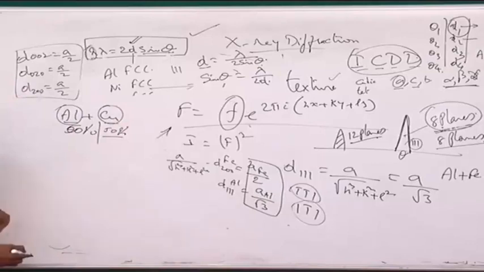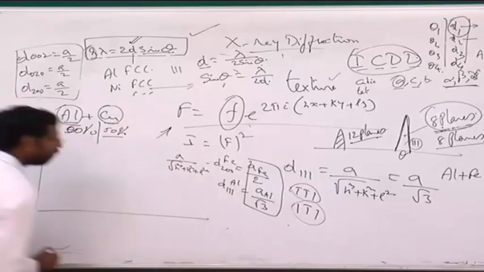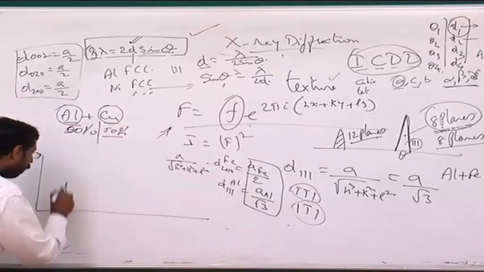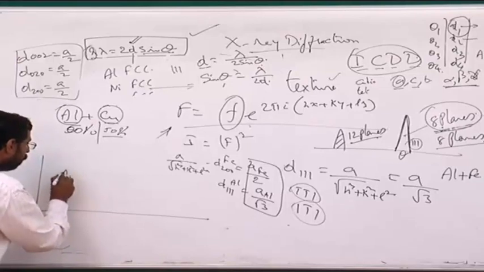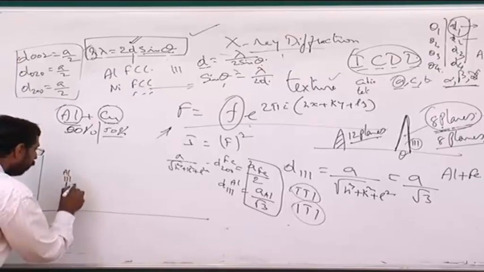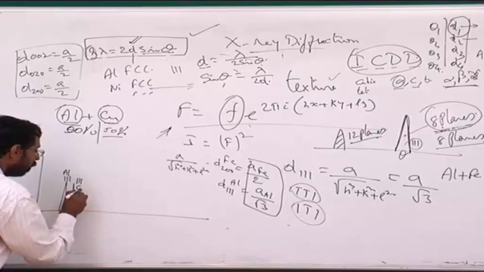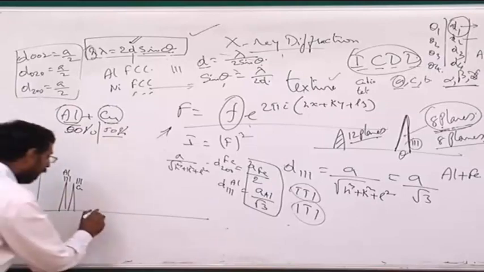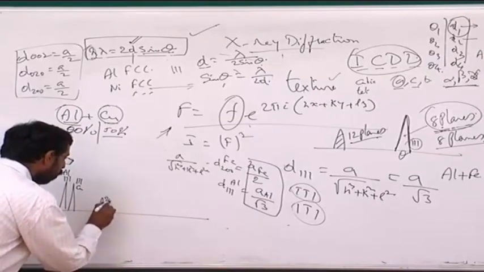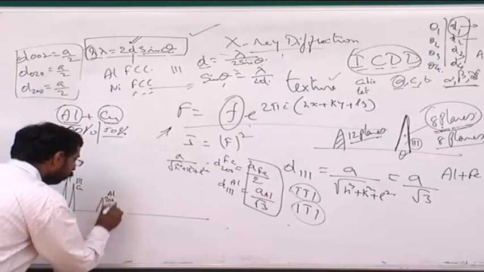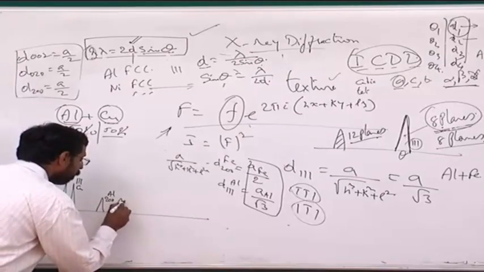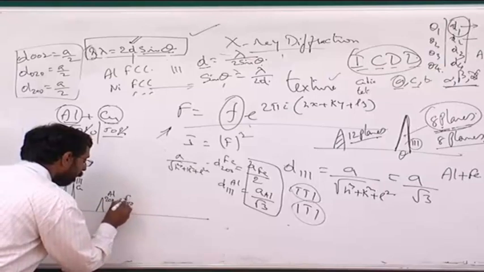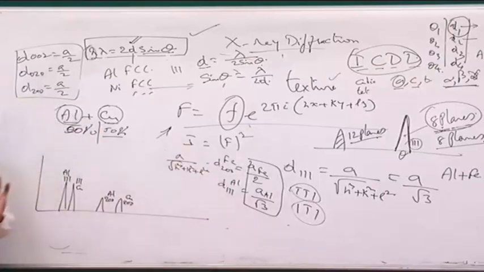Both are FCC, that means I get two sets of peaks. The 111 peak of aluminum and the 111 peak of copper, because both are FCC. Similarly, I will have 200 of aluminum and 200 of copper. Let's not talk about other peaks, only look at these two.